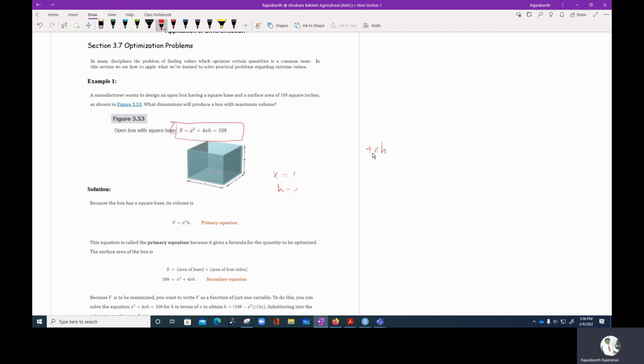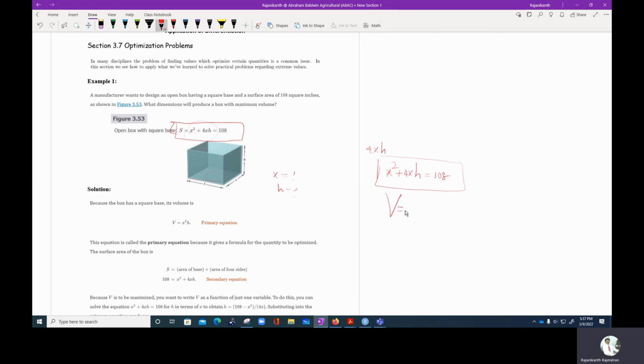There are 4 of them. That's why 4 times xh. When you add those two, you get the total surface area of all 5 faces. That is supposed to be 108. So basically, you are given a constraint condition, right? The question is, while maintaining this condition, what will be the x and h in order to have the higher volume?